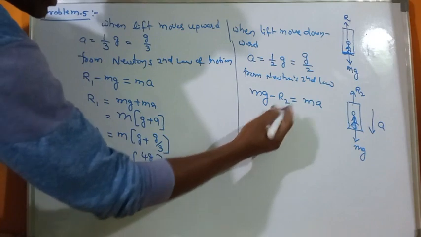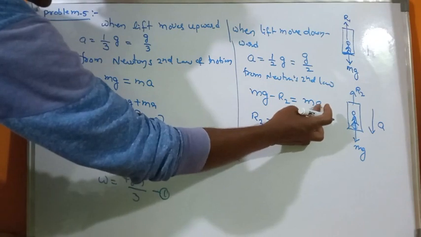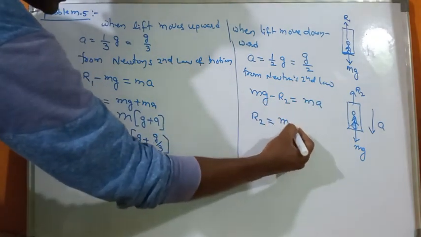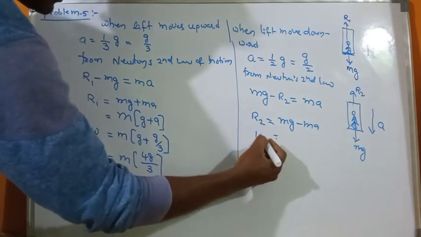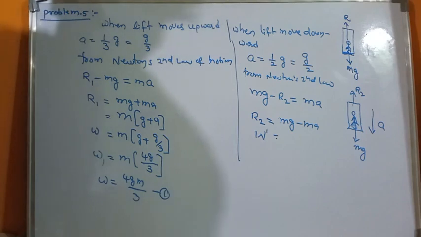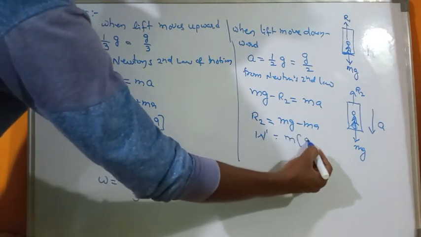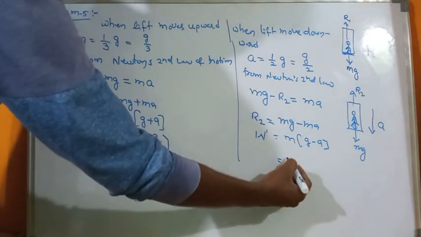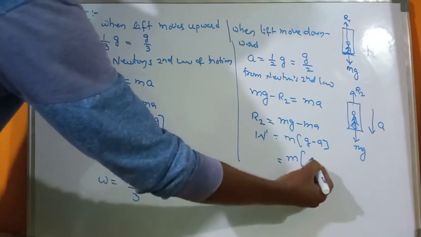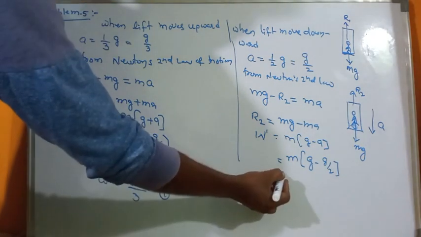We want R2, so taking R2 to that side, R2 is equal to mg minus ma, and this R2 is nothing but the weight of the man when he is moving downward. So this is m of g minus a, and a is equal to g by 2.